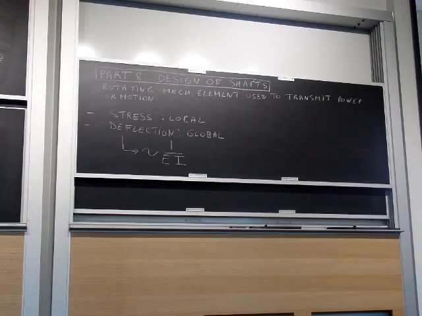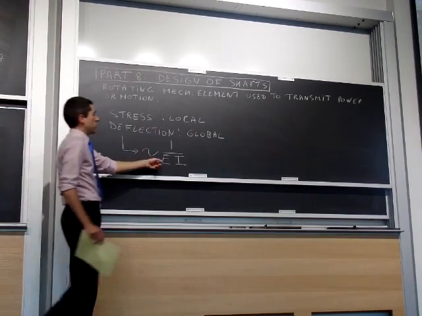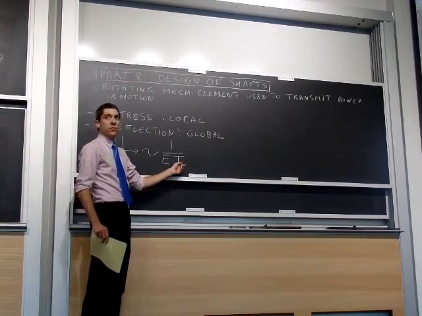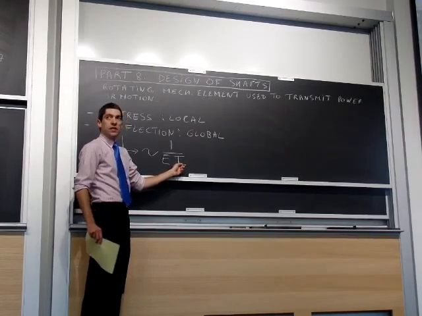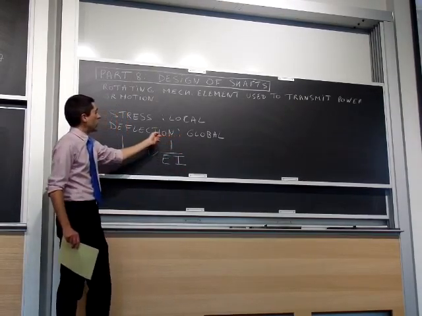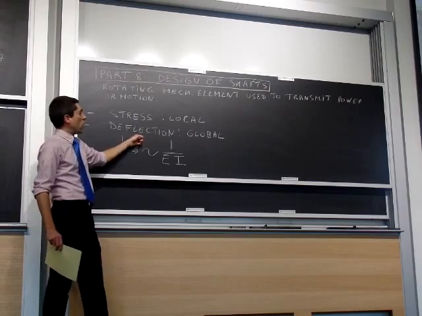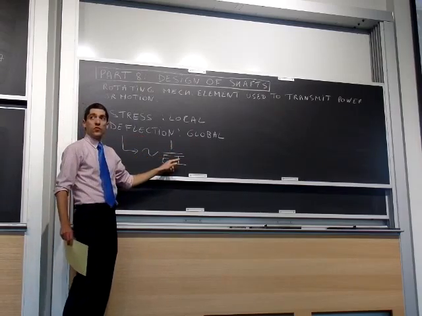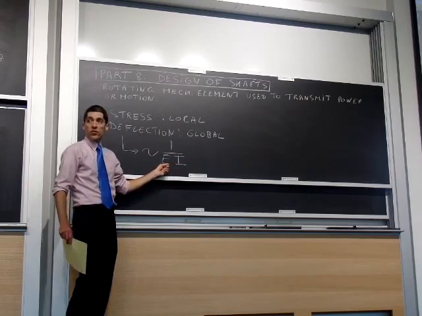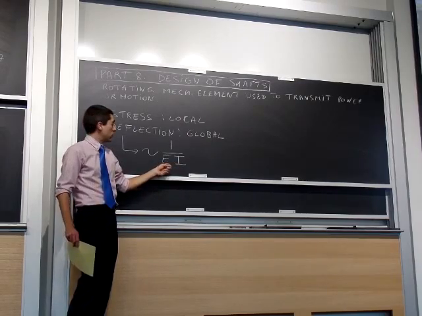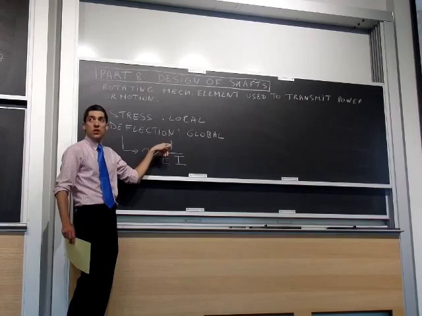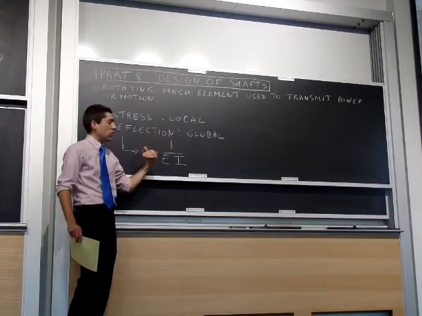We call it the bending stiffness, right? Where E is the Young's modulus of the material and I is the moment of inertia. And so indeed, if your deflection is too large, you could work with these 2 terms to reduce your deflection. And so you could pick another material that has a higher Young's modulus to do that, because if you increase E, then this fraction is going to decrease and your deflection is going to decrease.